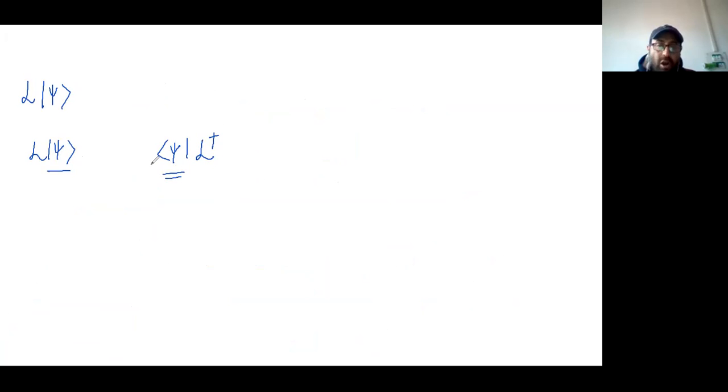So this operator L cannot act on the dual space. This is to be noticed. L itself cannot act on the dual space, because L is a linear operator whose action is defined with respect to the ket space.